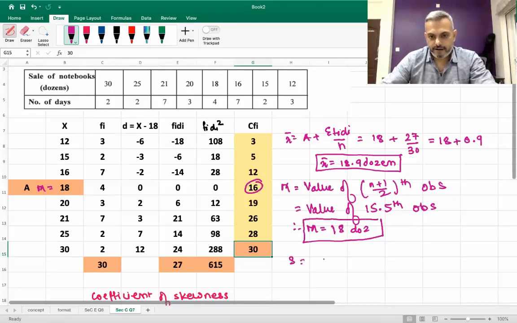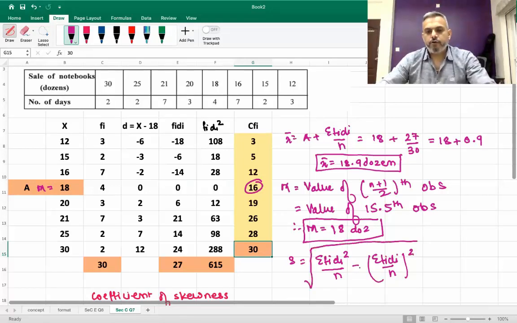Now standard deviation is equal to the square root of sigma fi di square upon n minus sigma fi di upon n the whole square.